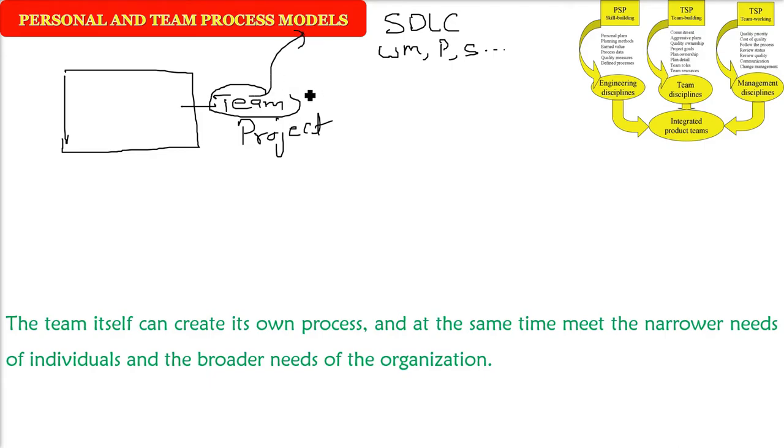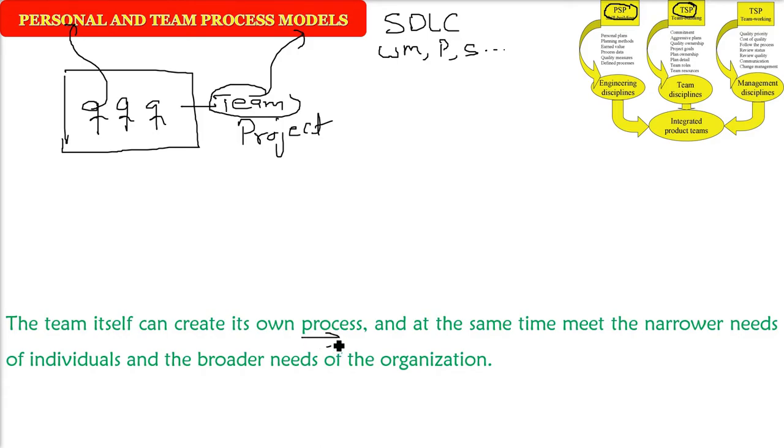So for the team, the models taken are team process models, and for the individuals working inside the team, it's PSP. Okay, we are talking about the personal process model, right? So PSP is for the individual, TSP is for the team.